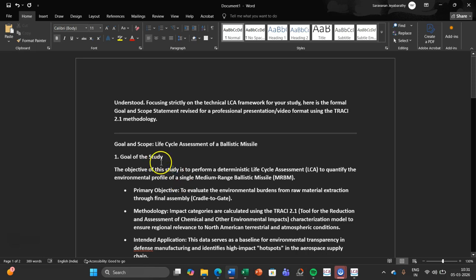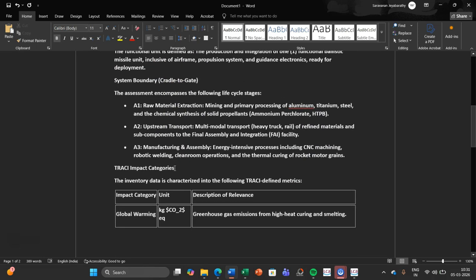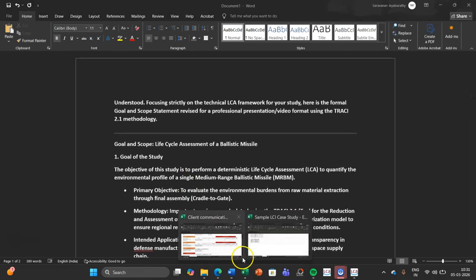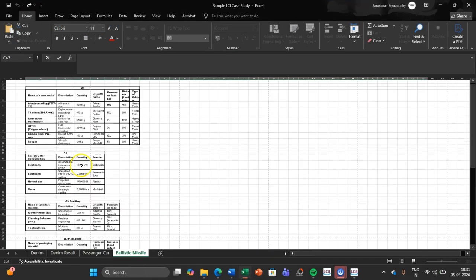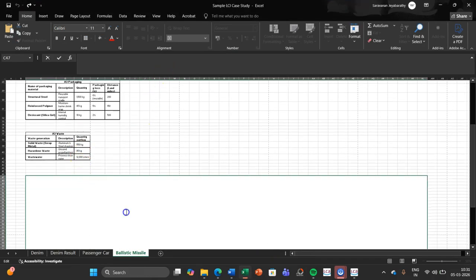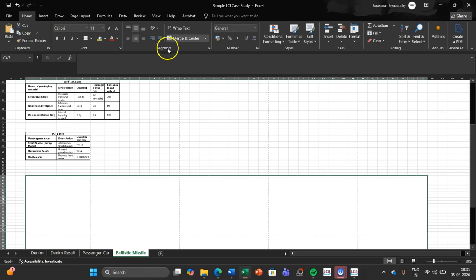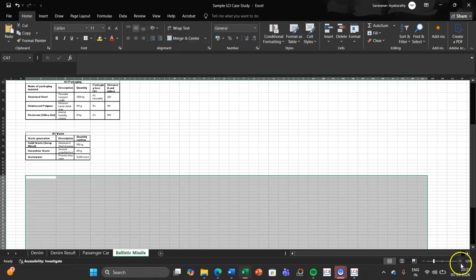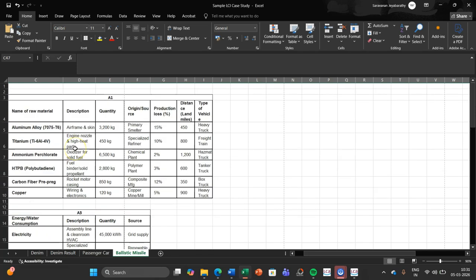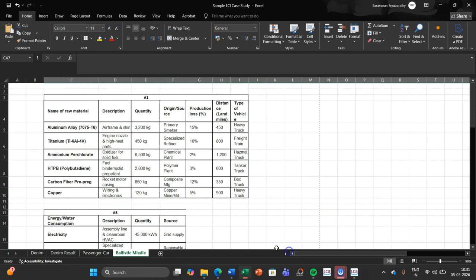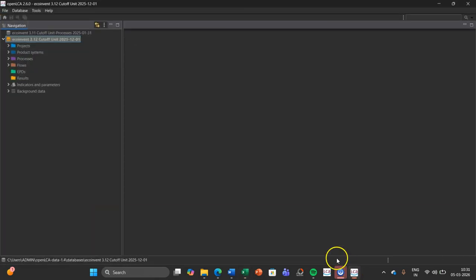We have done stage 1, goal and scope definition, and we have already done the life cycle inventory. So we are now going to use software for the life cycle assessment. The software we are going to use is openLCA, with which the ecoinvent 3.12 will be preferred for the background database. Here it comes.